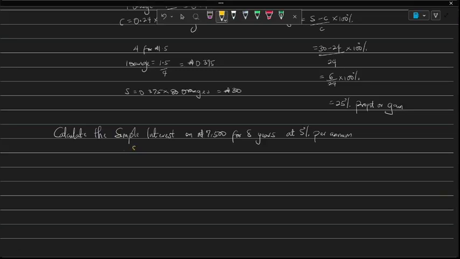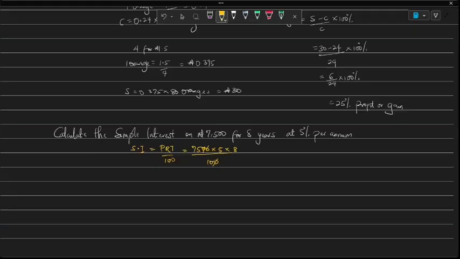Remember that the formula for simple interest is principal times rate times time over 100. So what is the principal here? 7.5. What is the rate? 5%, that's 5. What is the time here? 8 years, all over 100.